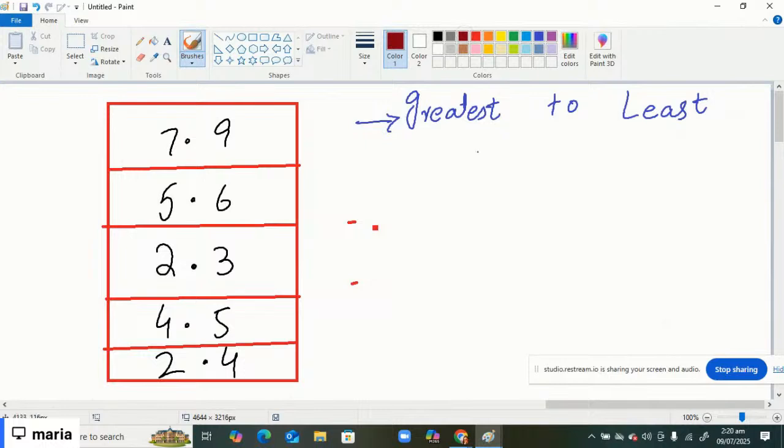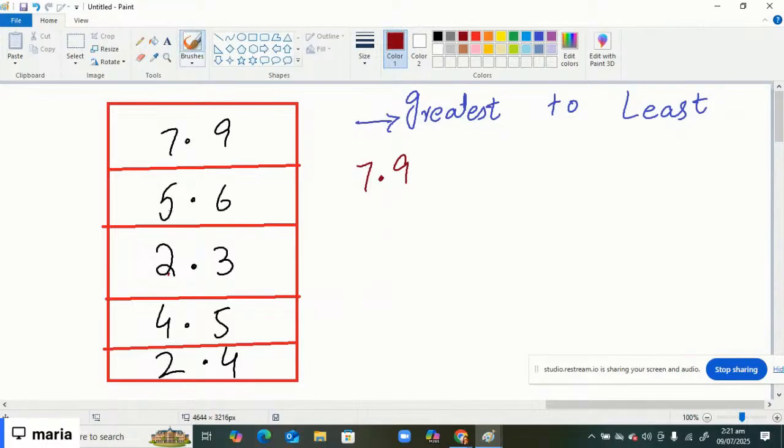Okay, so now everyone tell me, this is 7.9. So if these are all the digits, first of all we are going to see their ones place digit. When we check the ones place digit, first one is 7, then 5, then 2, then 4, then 2. So 7 is greater, so first is 7.9.